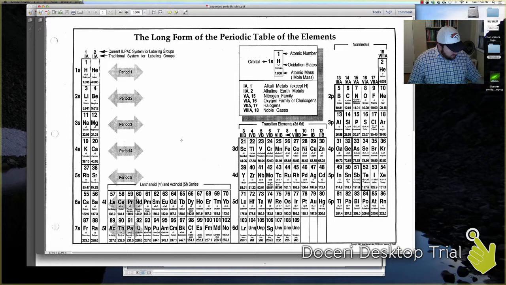So let's say we pick right here, beryllium. I want to write the electron configuration for beryllium. So I start right here, like I always do, on the top left, and I say that its electrons will fill the 1s orbital first. I look right here and see that beryllium has an atomic number of 4, which means it has 4 protons and 4 electrons.